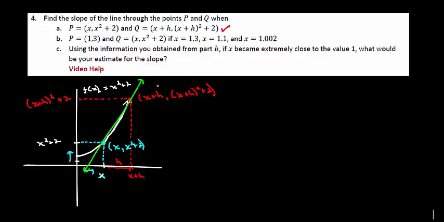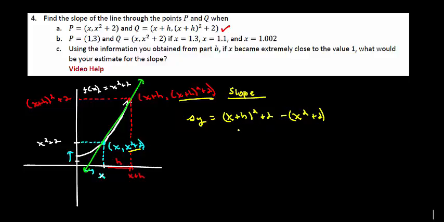To calculate the slope, I'll take the difference in the y values. Let's do the slope over here in yellow. The slope is x plus h squared plus 2, that's this y value, minus this y value, x squared plus 2. We'll put that in parentheses because we want to subtract the whole thing. That's over the change in the x.